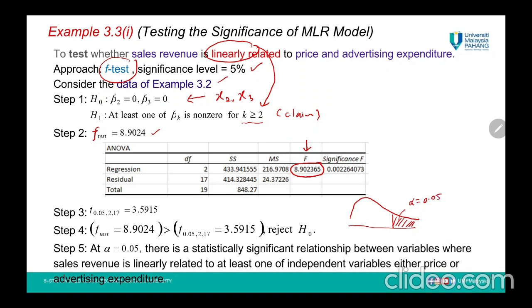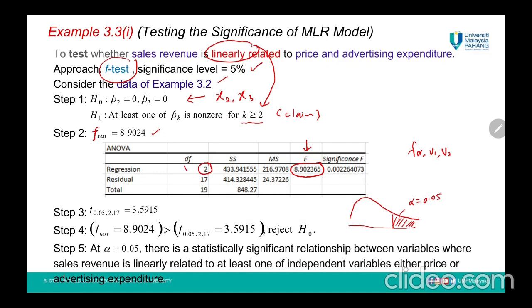In general, the F critical value is F alpha with the first degrees of freedom and the second degrees of freedom. The first and second degrees of freedom can be obtained from this value.